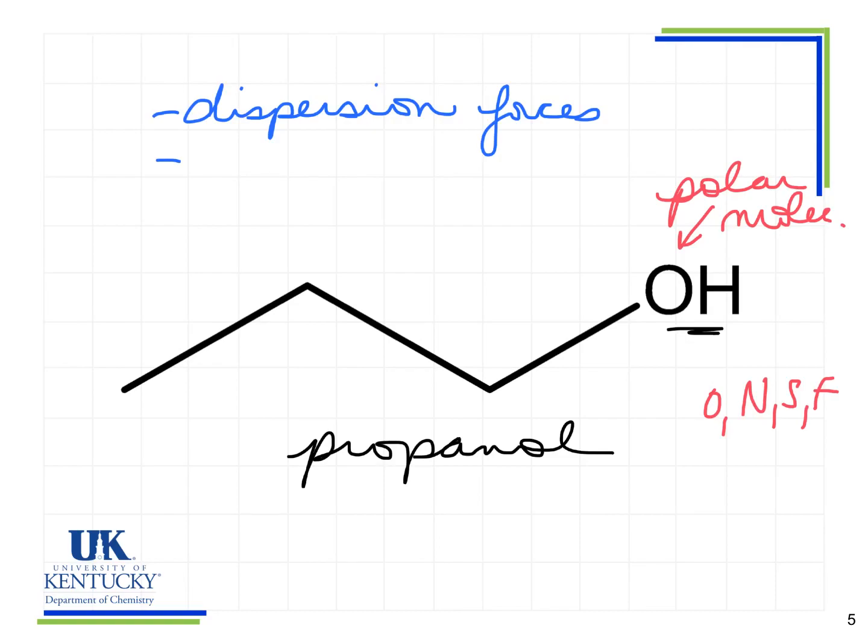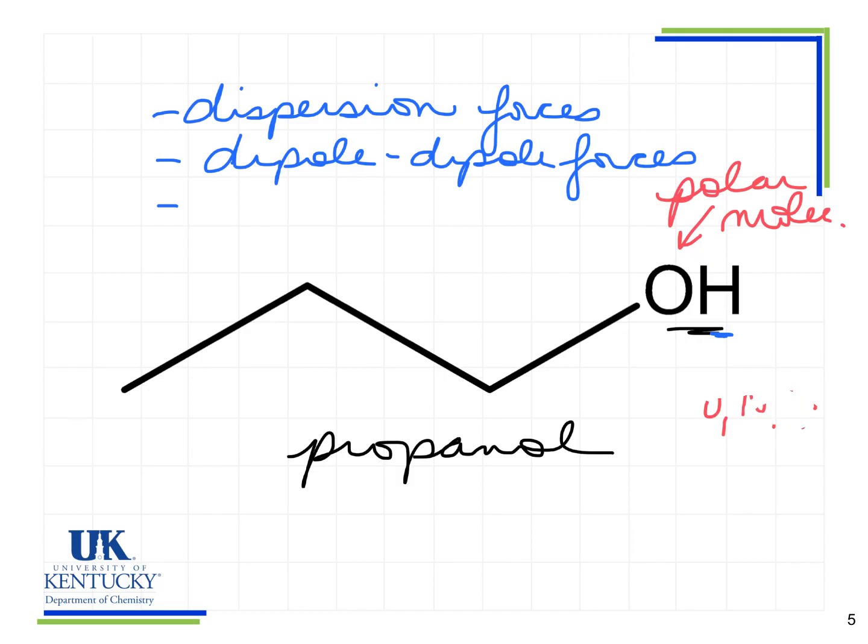Next, I'm going to look at this and say, okay, it is a polar molecule, so that means I have dipole-dipole forces. So I have that partial negative, partial positive attraction going on. I also see that I'm going to have hydrogen bonding because I meet my definition here. I have a hydrogen attached to a fluorine, oxygen, or nitrogen, and it's going to be attracted to the fluorine, oxygen, or nitrogen on a neighboring molecule. So let me show you what I mean here. Let's draw out another propanol molecule.